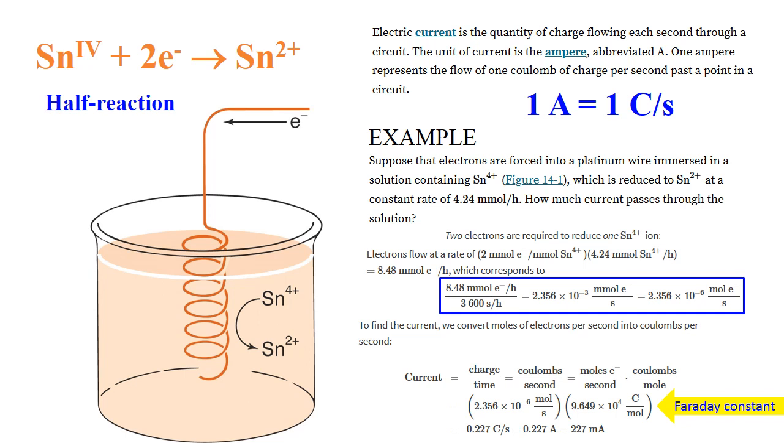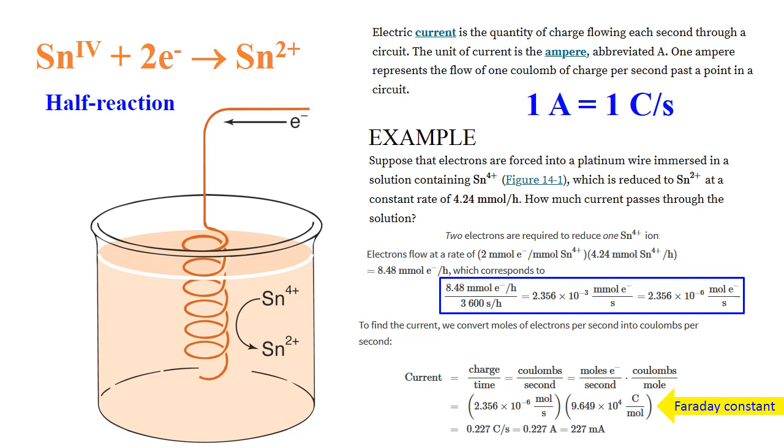Now, electric current is the quantity of charge flowing each second through the circuit. The unit of current, of course, is ampere. 1 ampere represents flow of 1 coulomb of charge per second per point of circuit. Suppose that electrons are forced into a platinum wire immersed in solution containing Sn4+ ions, which are reduced to Sn2+ at a constant rate of 4.24 millimoles per hour.